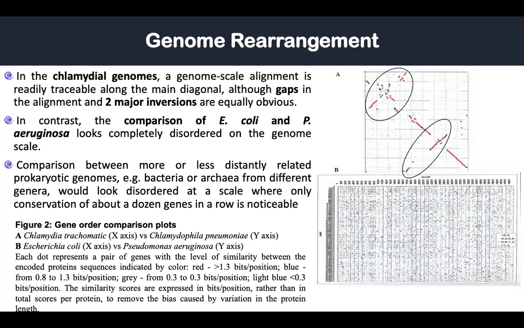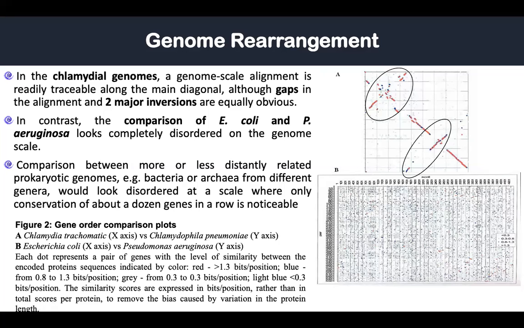So this means there is almost no similar arrangement or synthetic regions in the genome. They definitely have the same genes, but the order is completely chaos. It's not in the same order, right? That's why you get a very complex looking dot plot.